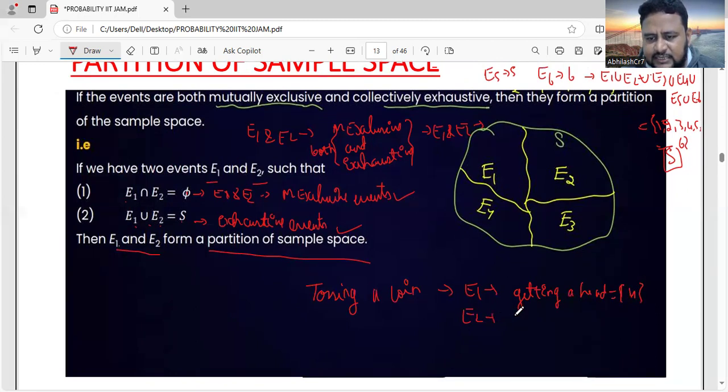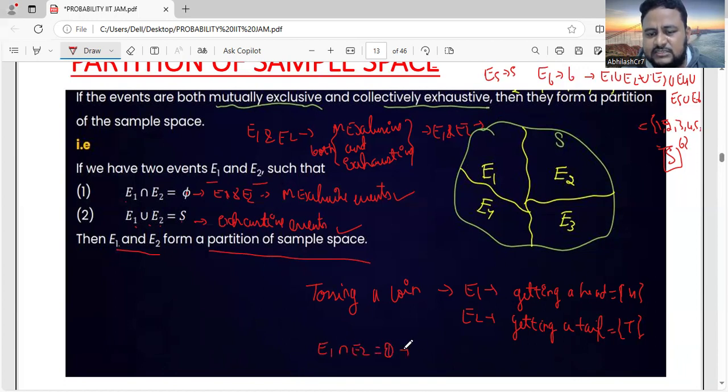E2 is getting a tail. Is there anything common between them? Nothing is common, so E1 intersection E2 is the null set.